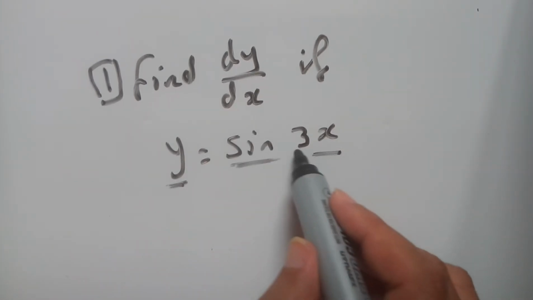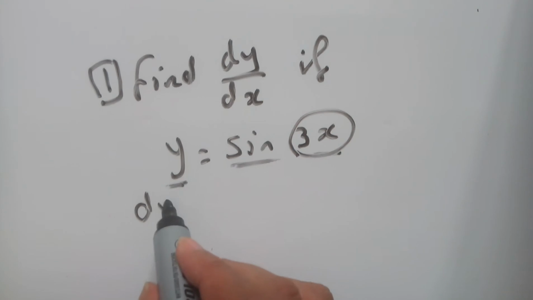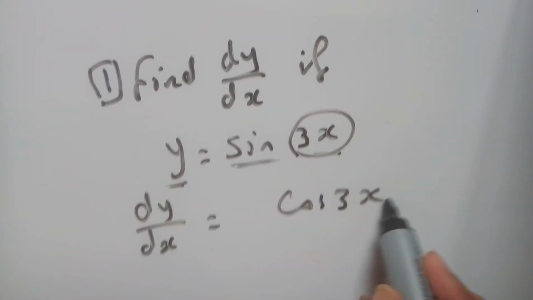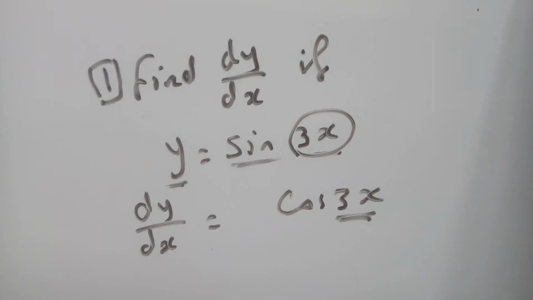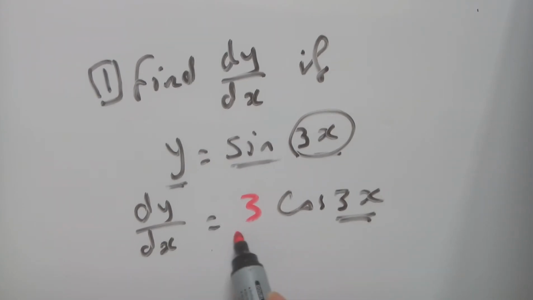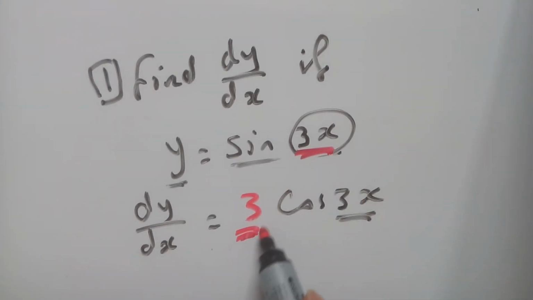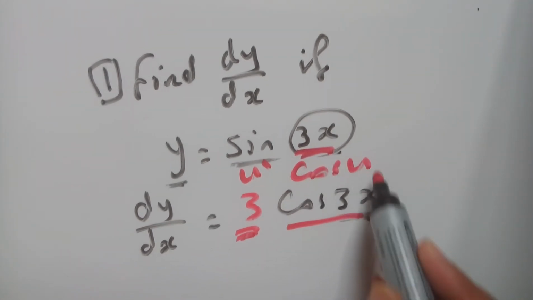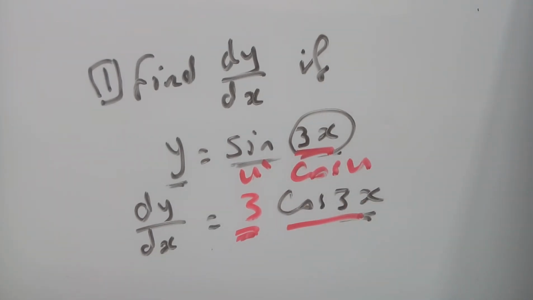It is cosine, but here this is dy dx. It is cosine 3x multiplied by the derivative for the inner function. What is the derivative for 3x with respect to x? It will be 3. Then it is u prime multiplied by cosine u. This is the rule.